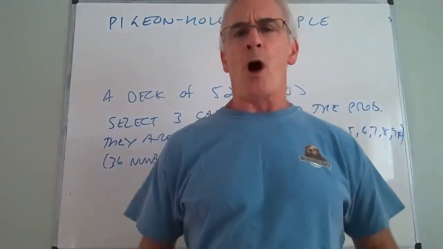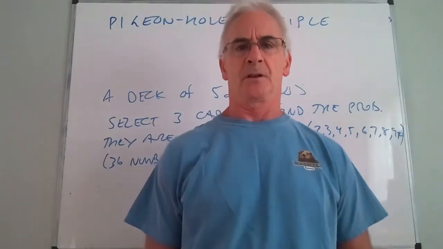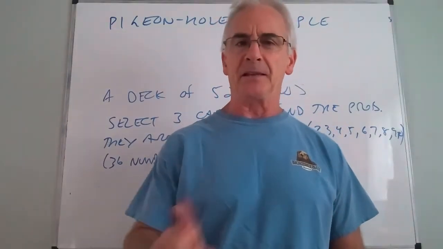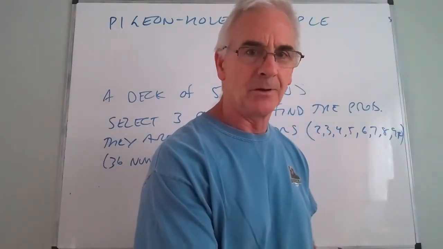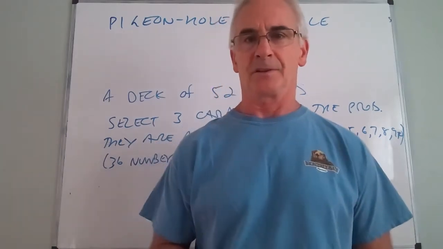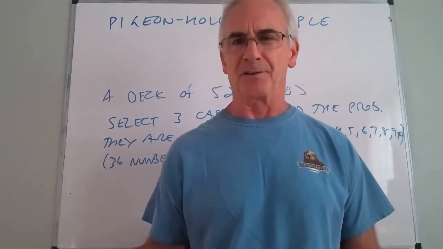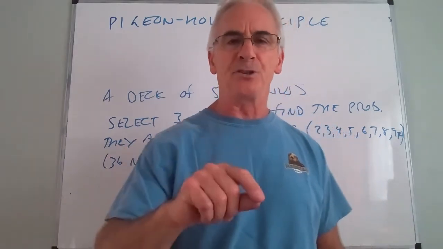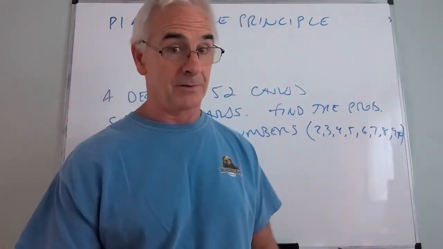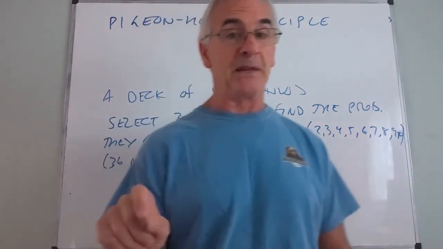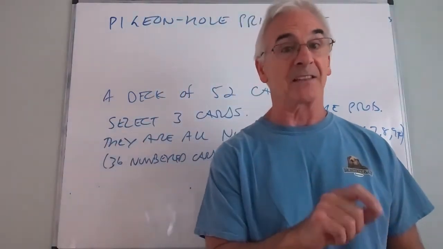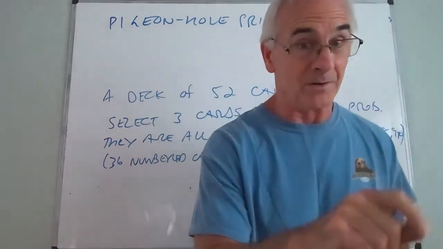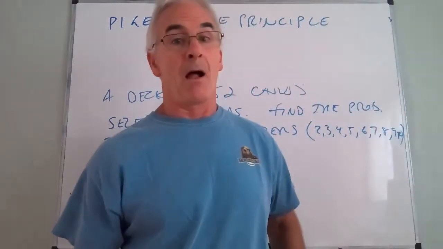But if I have 201 pigeons, there has to be at least one pigeonhole with more than one pigeon. Does that make perfect sense? Same as the birthday example you just gave. If I have more pigeons than pigeonholes, then there must be at least one pigeonhole that has at least 2 pigeons.